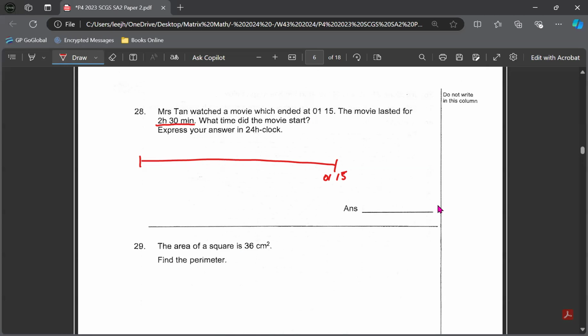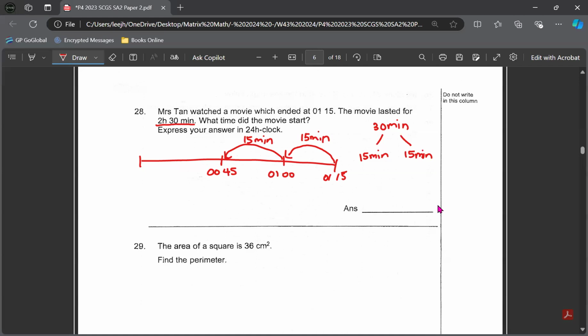So what we do is we are going to separate. Look at this, there's minutes involved, right? So look at 30 minutes first. Actually, 30 minutes, we can split into 15 minutes and another 15 minutes to calculate easier. So 0115, I calculate 15 minutes before. This will be 0100, right? Another 15 minutes before, you will have counted 30 minutes before already. This will be 0045, because this is 0100.